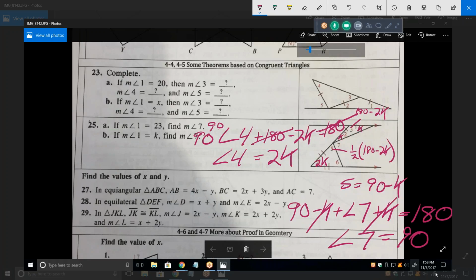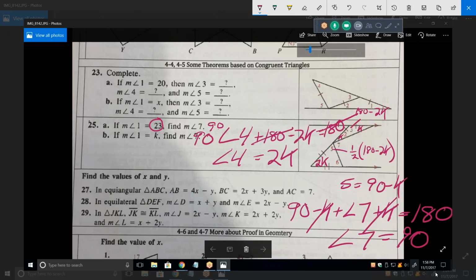Yeah. Interesting. Very interesting. That means angle 7 is 90 degrees no matter what K is. Even if K is not 23, K can be any number that's an acute angle, and angle 7 is always going to be 90. What feels like 89? Huh?